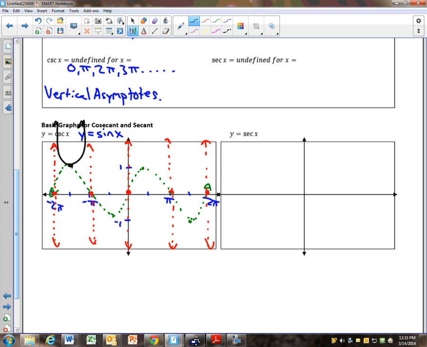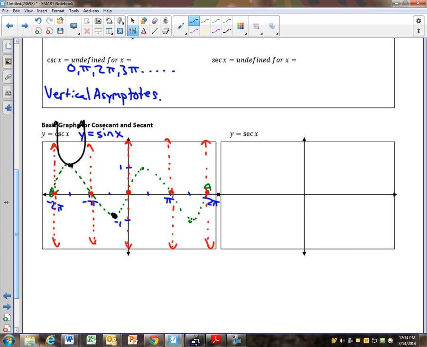Watch what happens. We'll do a different one, okay? Let's look down here. What's the reciprocal of negative 1? Negative 1. Now I'll go just to the side of negative pi. Does the graph have a big value or a small value? It has a small value, but it's negative, right?